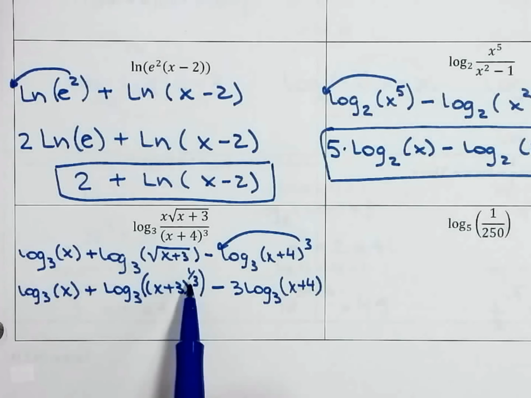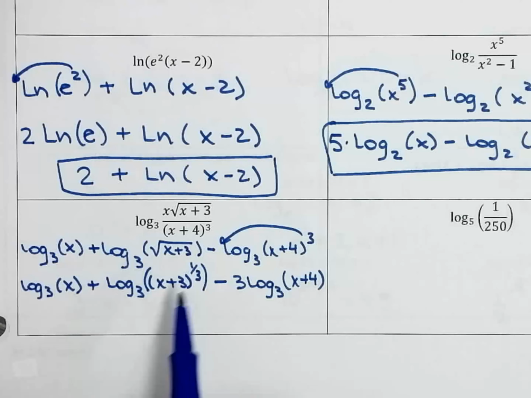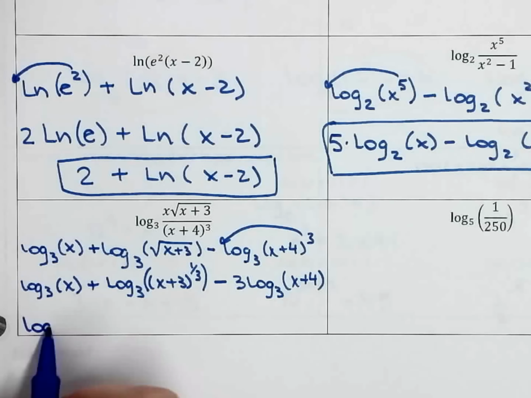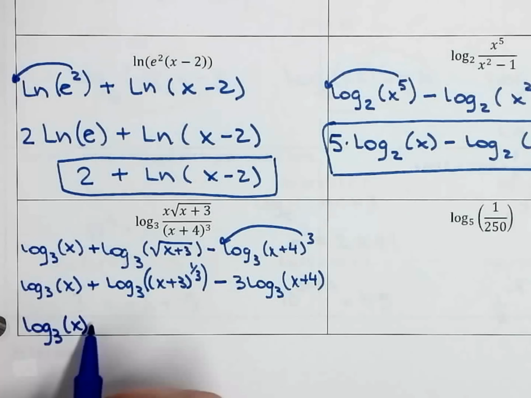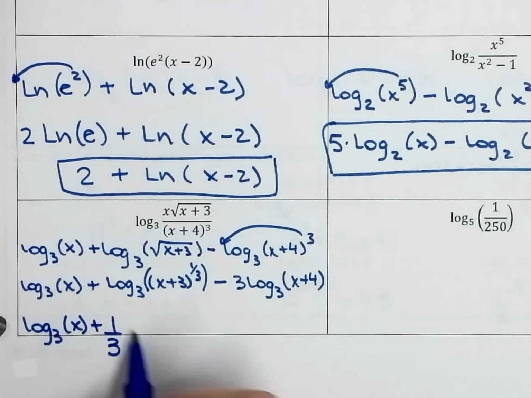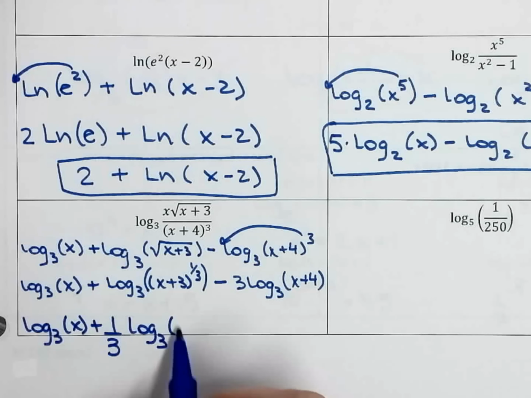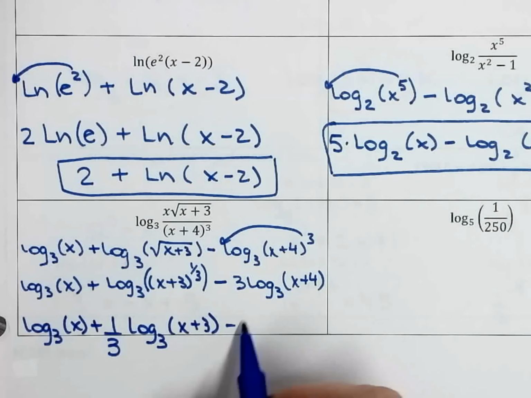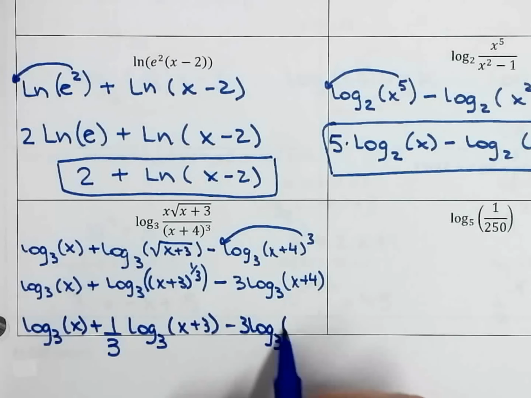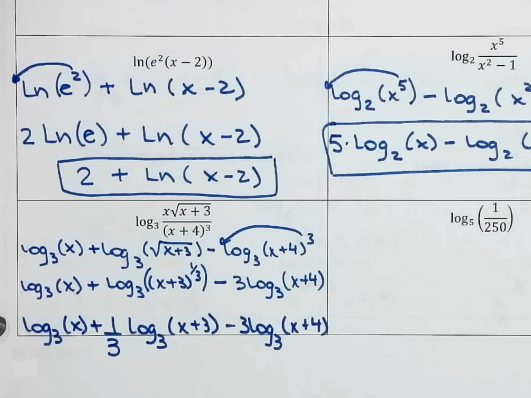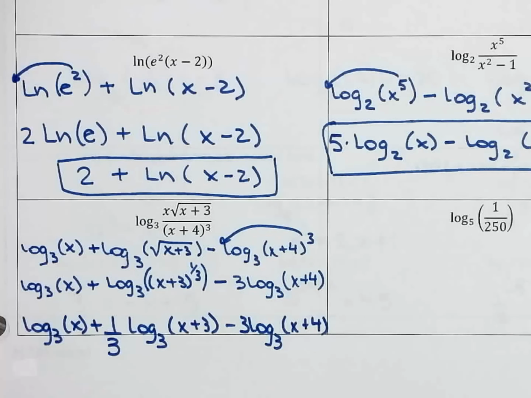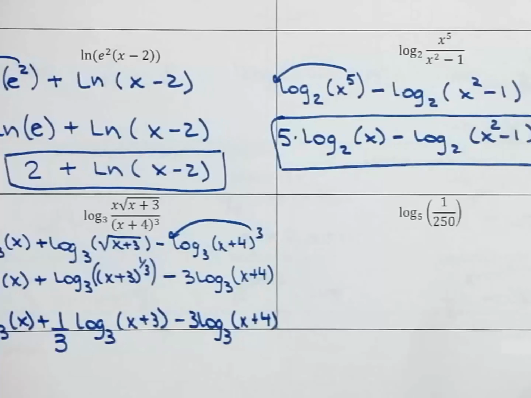I'm going to deal with this exponent right there, and that's going to be the last step. So log base 3 of x plus 1/3 log base 3 of x plus 3 minus 3 log base 3 of x plus 4. Can I simplify anything else? No, I can't.